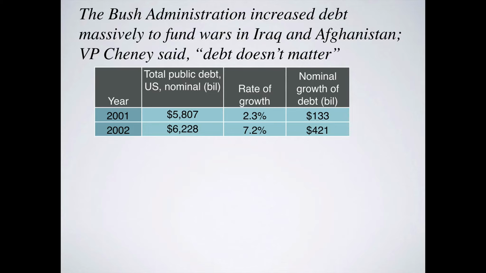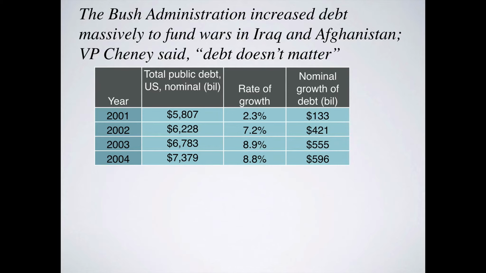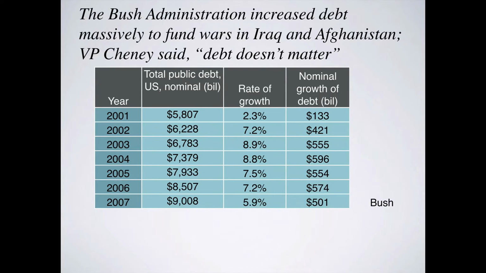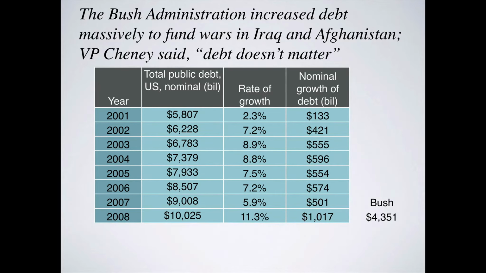And that causes spending to go up significantly, and that pattern continues all the way up until 2008, when the Great Recession is just hitting, and so we have a growth in spending that occurs during that time. So look at what's happening: we go from 5.8 trillion to 10 trillion by the end of the Bush years.